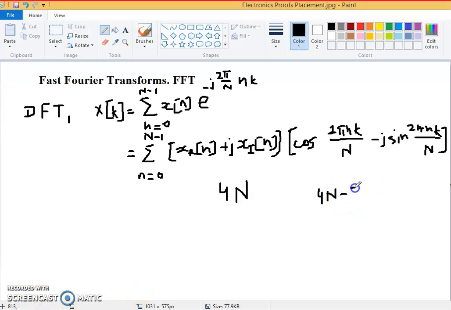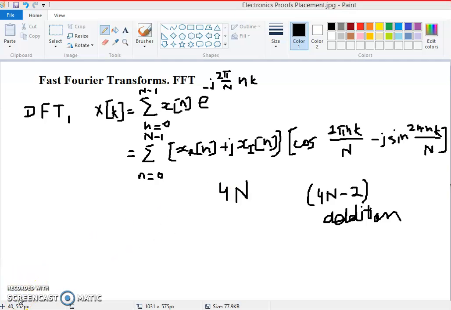In fact, 4n minus 2 additions will be there. These many additions and these many multiplications. So calculating X(k) by the direct formula is a tedious task which requires a lot of computations, involving complex multiplications and complex additions.